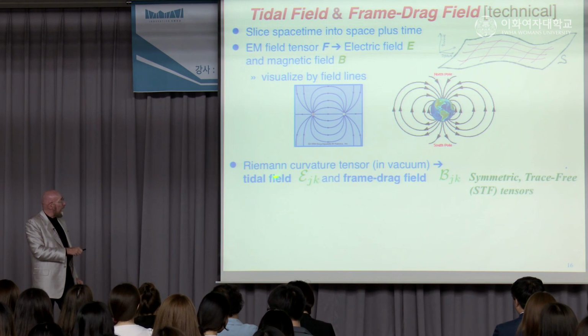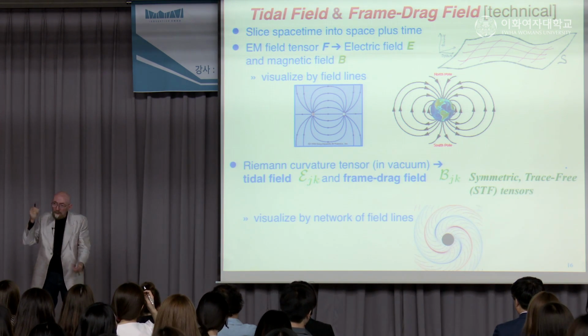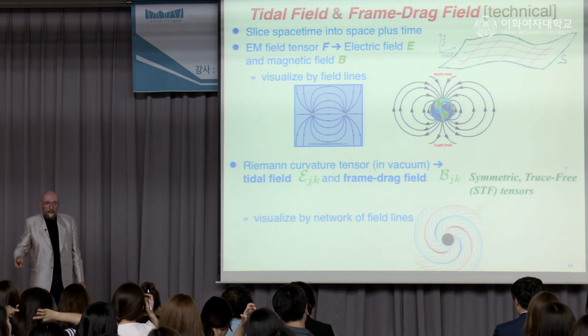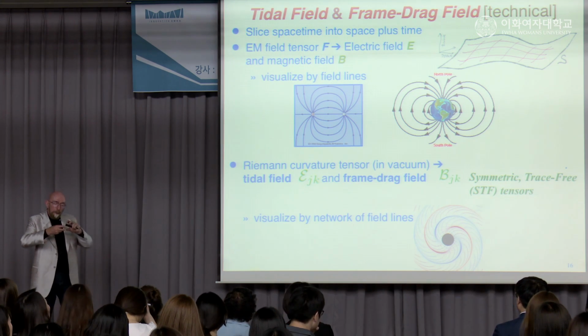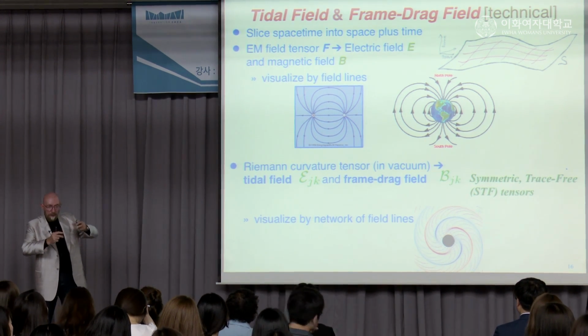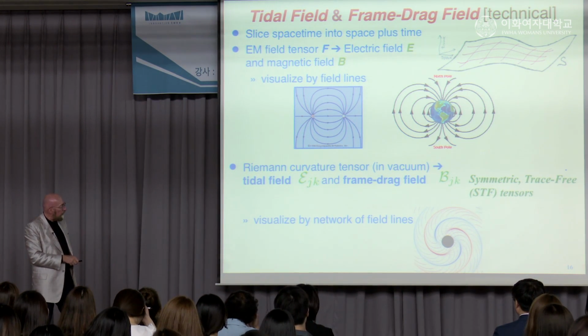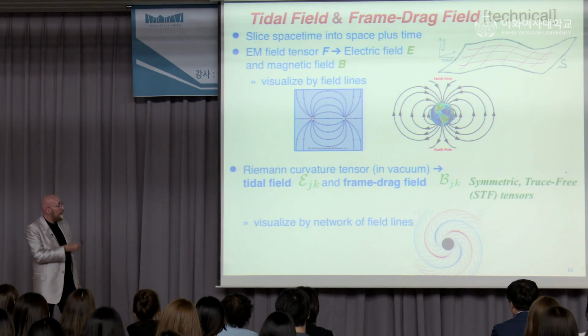And so the tidal field is the thing that stretches you and squeezes you, if you are accustomed to those ideas of what happens, for example, near a singularity. And the frame drag field is the thing that produces the precession of gyroscopes. And we can visualize both of these by a network of field lines, the same way as we do in electromagnetism.